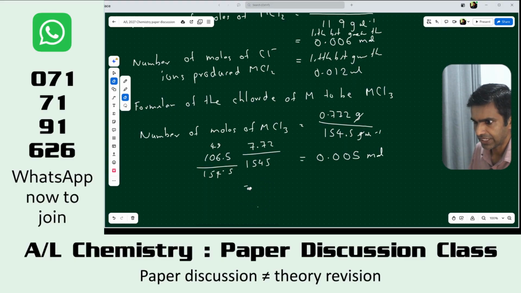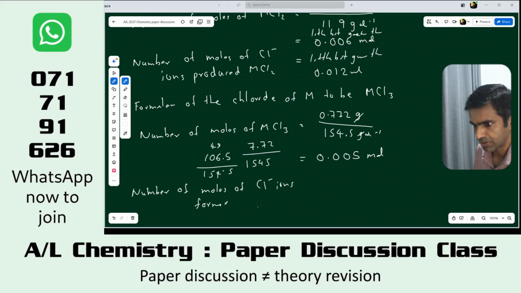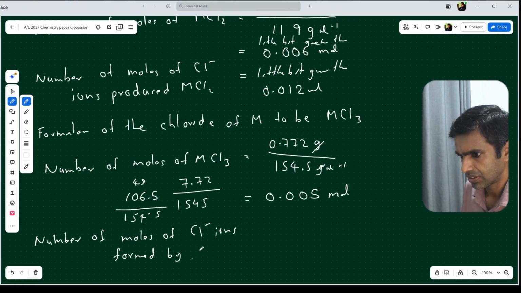From that we can calculate the number of moles of chloride ions formed by MCl3.